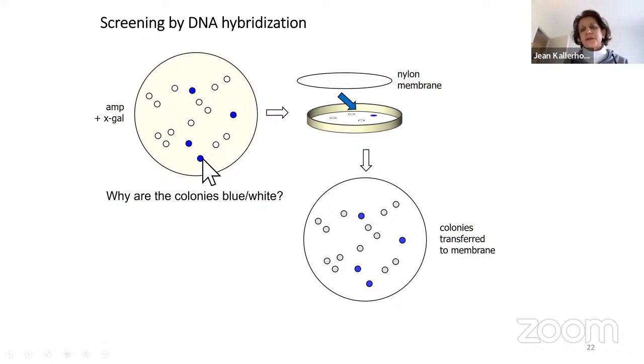We have grids, and when we have this on the Petri dish, we will put exactly the same colonies on a second Petri dish so that we can save it in the fridge. And therefore, when you have this radioactive signal, you can go back to your colony, because this one will not be good anymore because all the colonies will have been transferred to the nylon membrane.